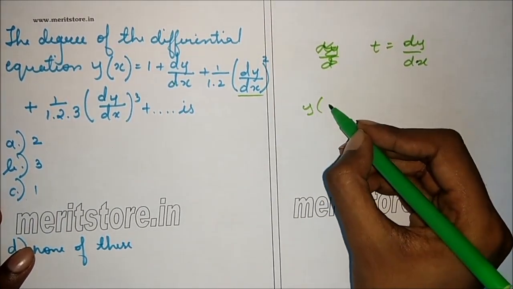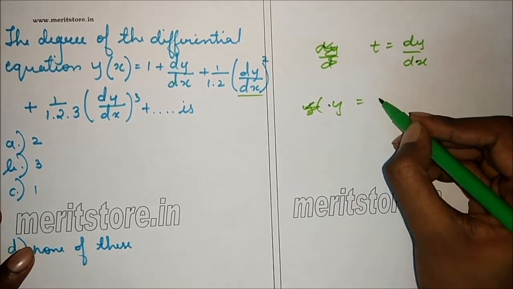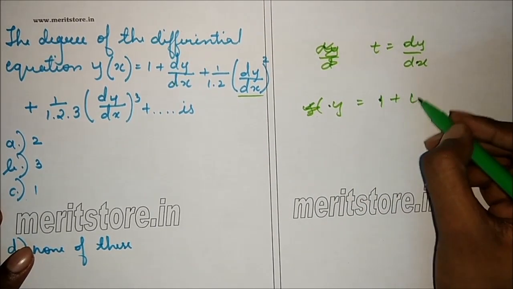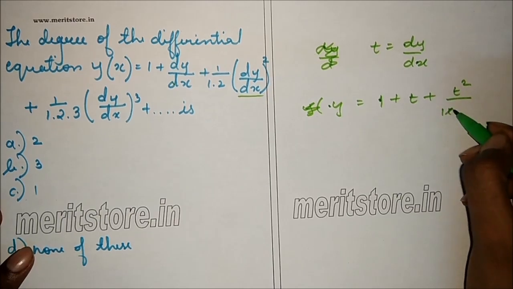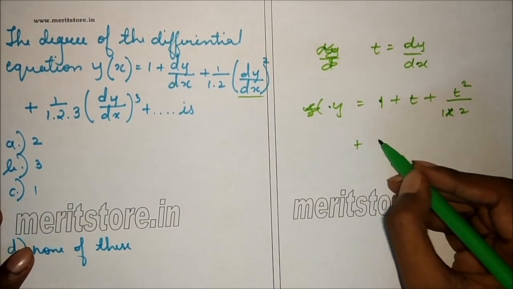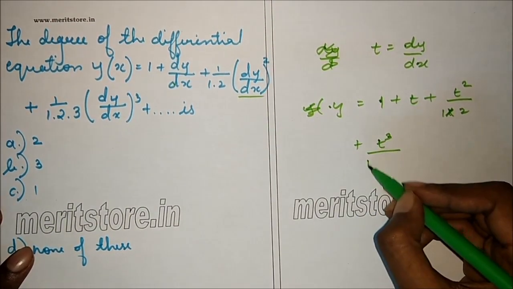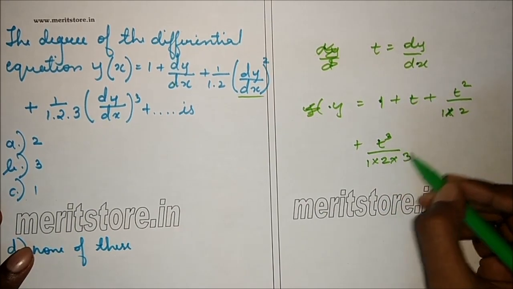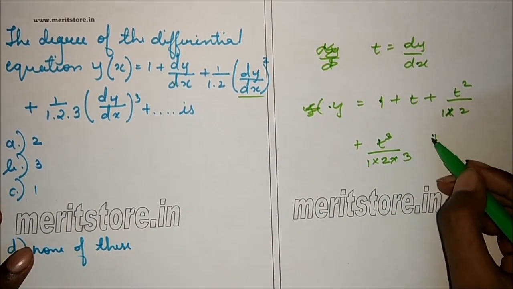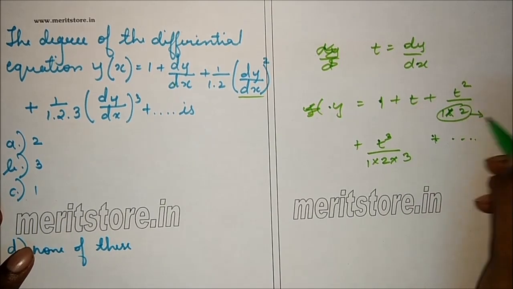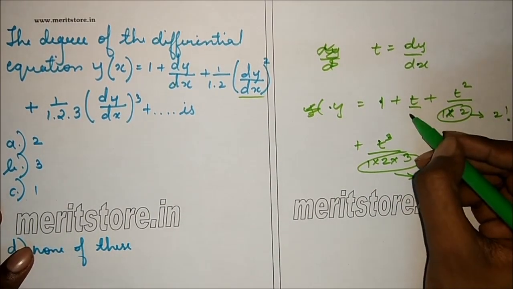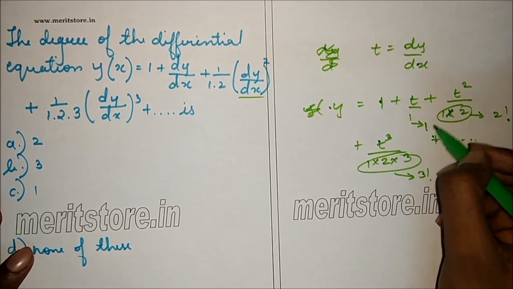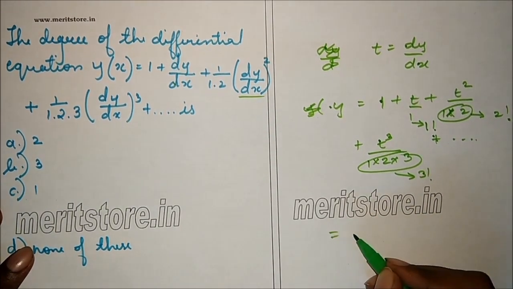So y will be 1 + t + t²/(1·2) + t³/(1·2·3), and so on. Now this is nothing but 2 factorial, this is 3 factorial, and this can be said as 1 factorial. So we sense a pattern here.